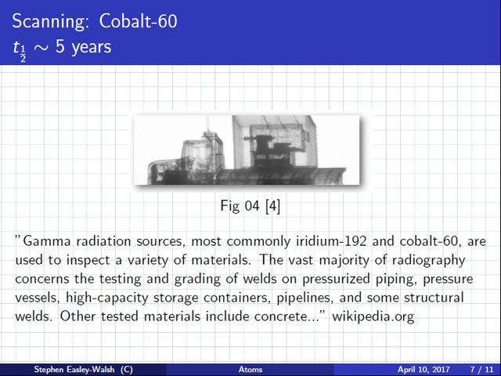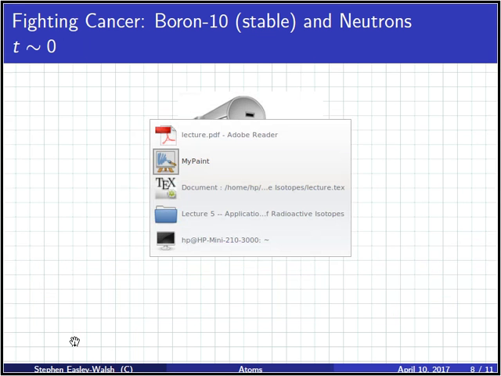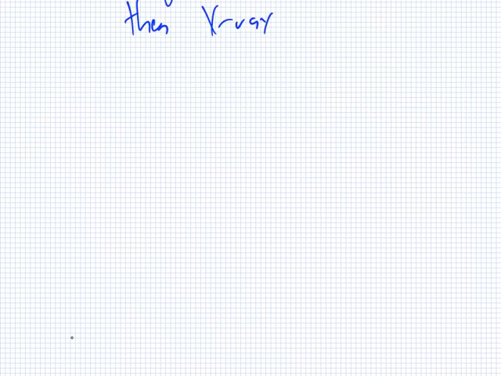All right, you got this one? Yes. Okay. So next application. Fighting cancer, boron-10 and neutrons. There's a couple of ways to do this, fighting cancer. The old way, I'll give you an example. You have your person here.